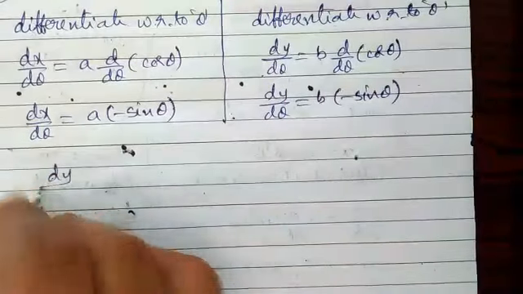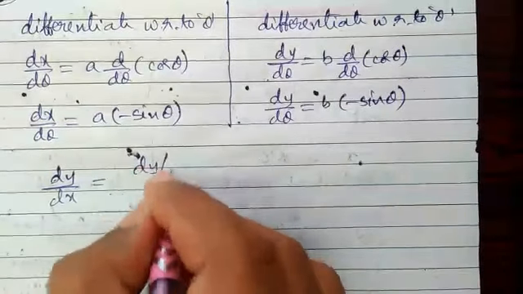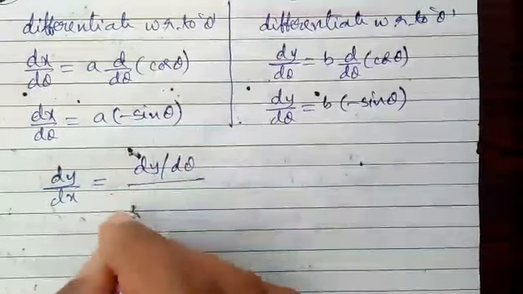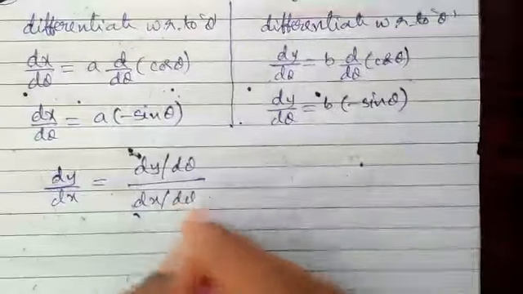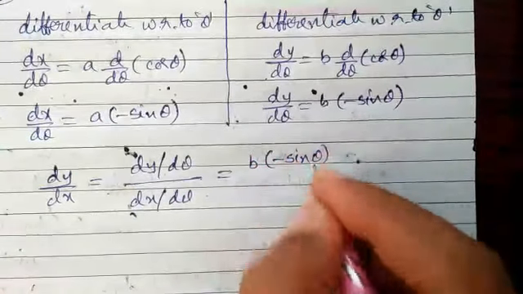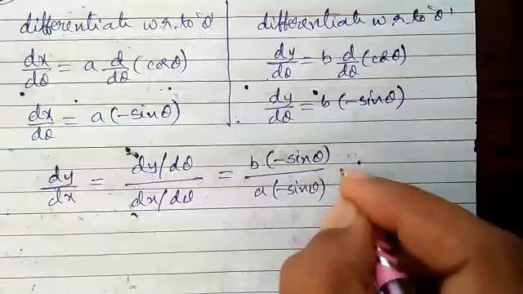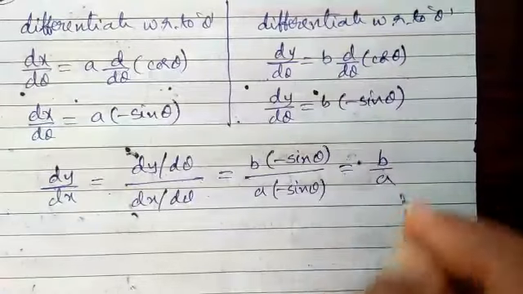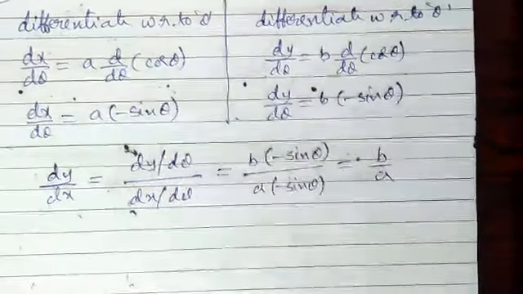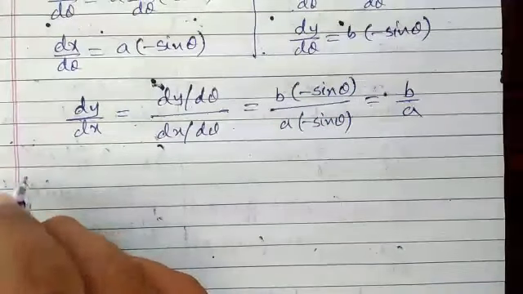Finally, we have to find dy by dx, which is dy by d theta by dx by d theta. That is b into minus sin theta by a into minus sin theta, which is b by a. This is the answer, guys.